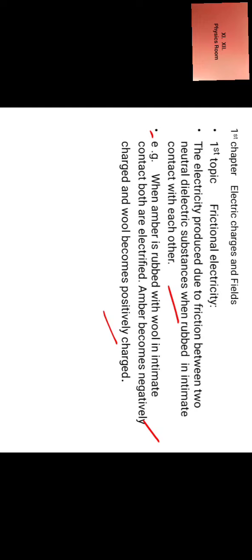Now, the theory of electricity. How does amber become negatively charged, how does wool become positively charged? What is the theory behind it? When two neutral dielectric substances are rubbed together in intimate contact, both are electrified.